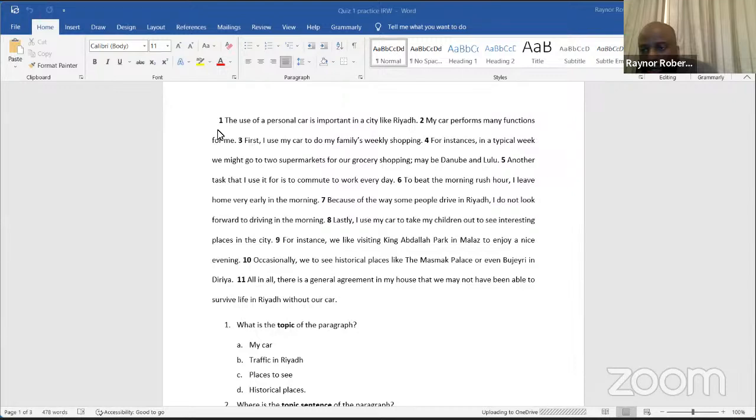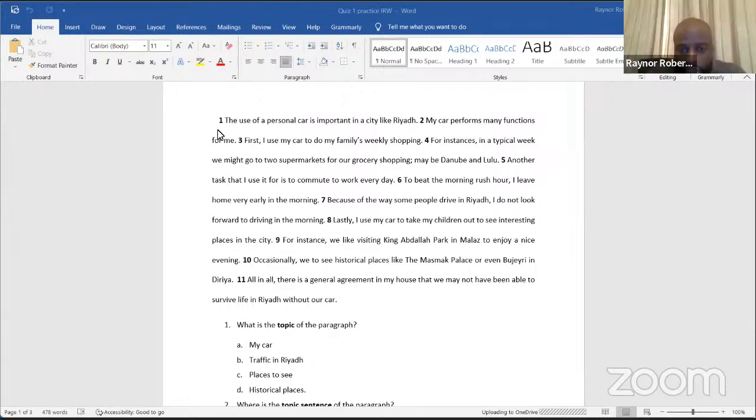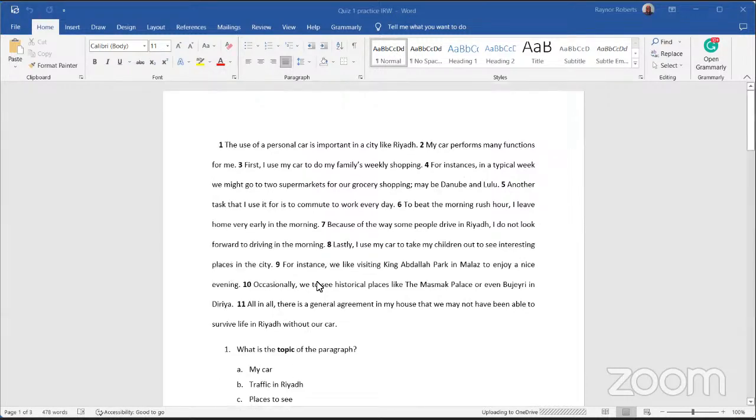Okay. So can anybody tell me which sentence is the topic sentence? Is it the second, my car performs many functions for me? What is the topic? My car. So the first answer is my car.